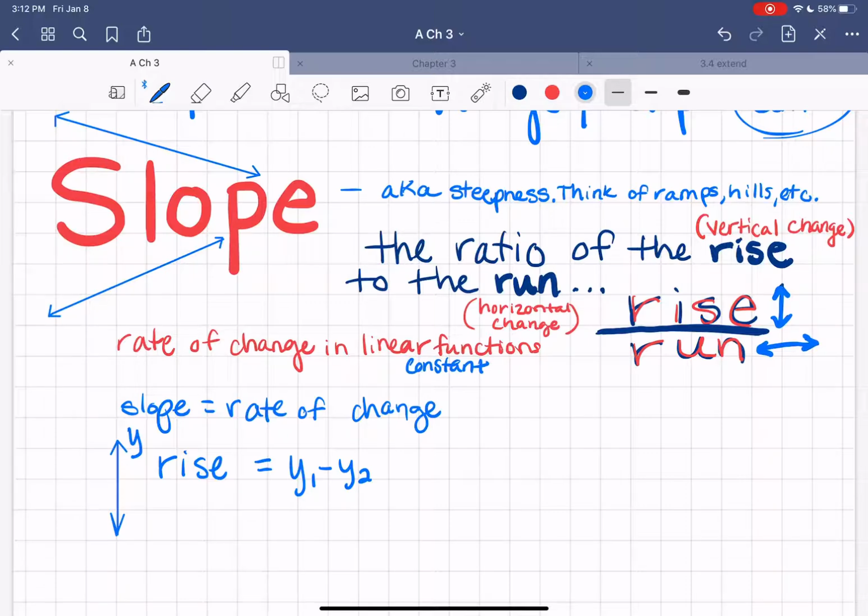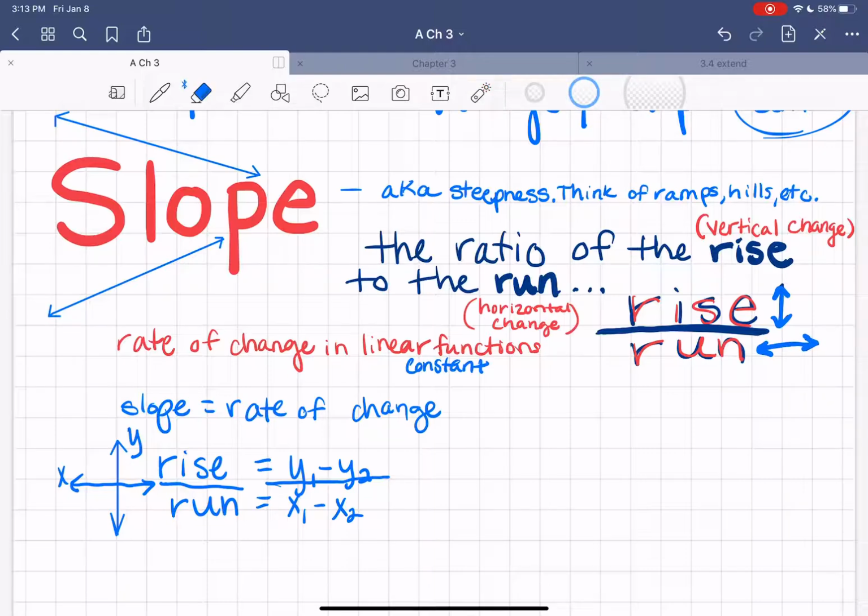And when you're talking about run, it's horizontal, just like the x-axis, and it is literally looking at the difference in your x's. So this rate of change equation is going to be exactly what we're using for the slope equation. They're going to be the exact same thing.